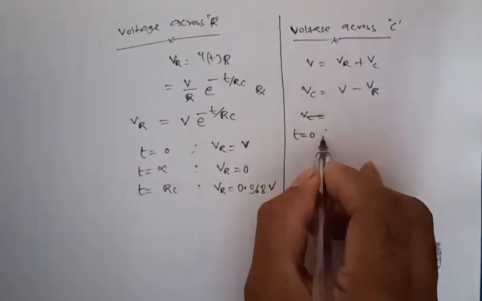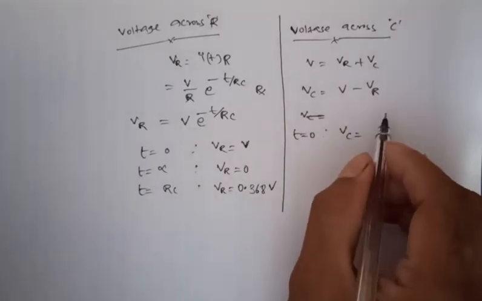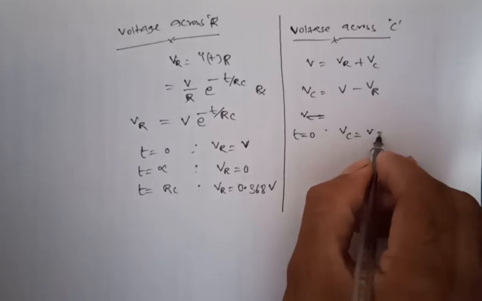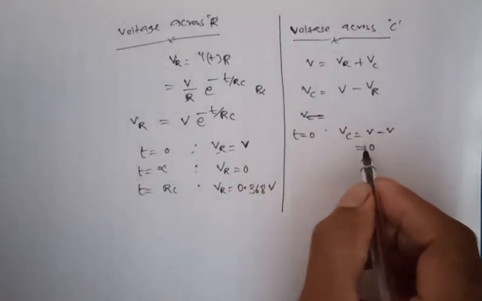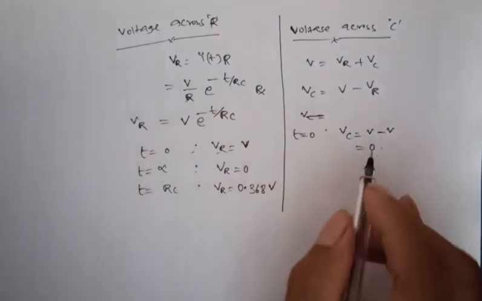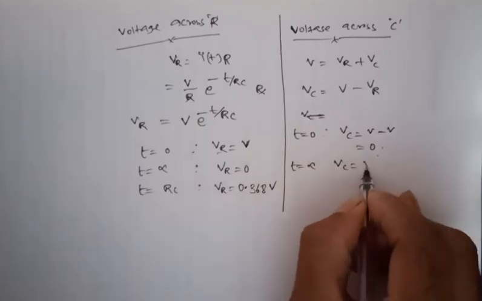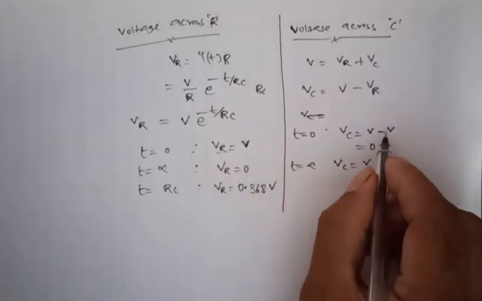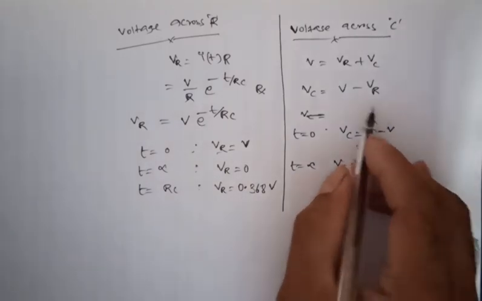At t equal to 0, VC is equal to V minus, what is the voltage across resistor at t equal to 0? V, so 0. We know that capacitor acts as a short circuit, that's why the voltage is 0. At t equal to infinity, VC equal to V, capacitor fully gets charged. Why? Because voltage across resistor will become 0, that's why V minus 0 is V.